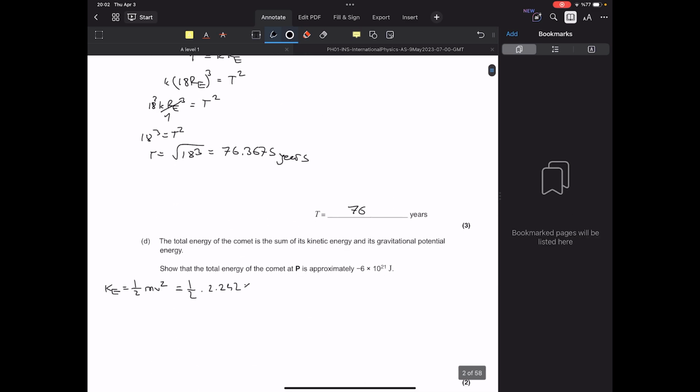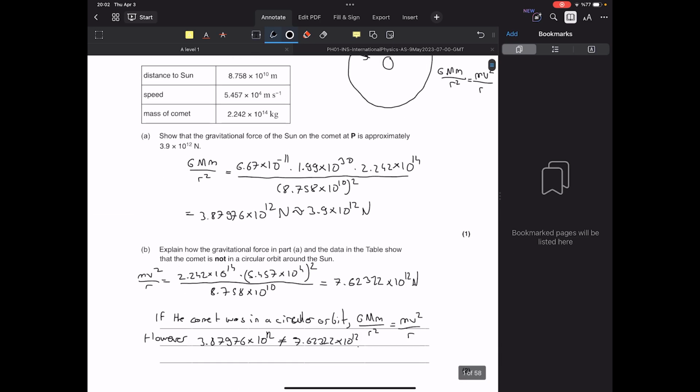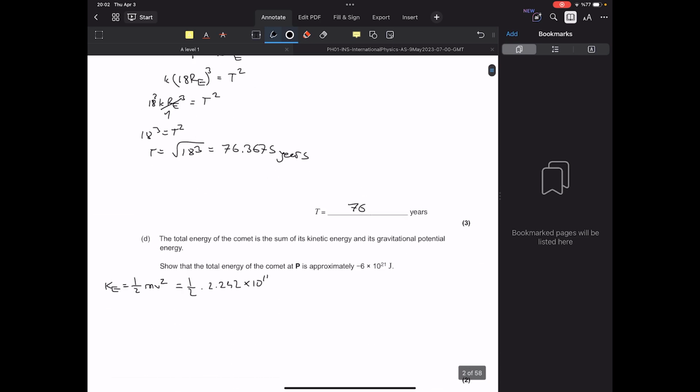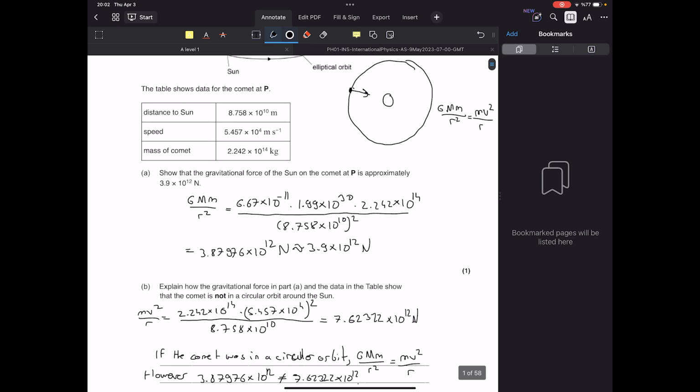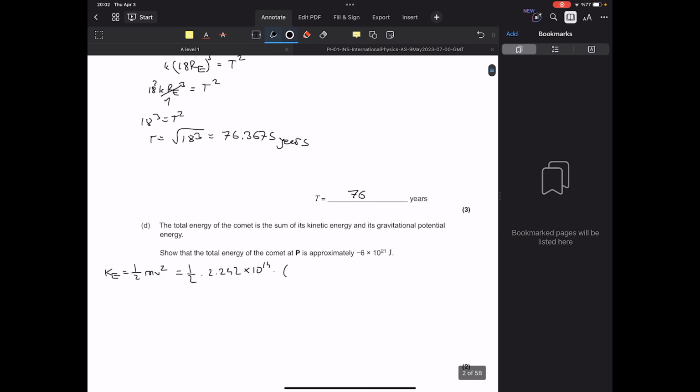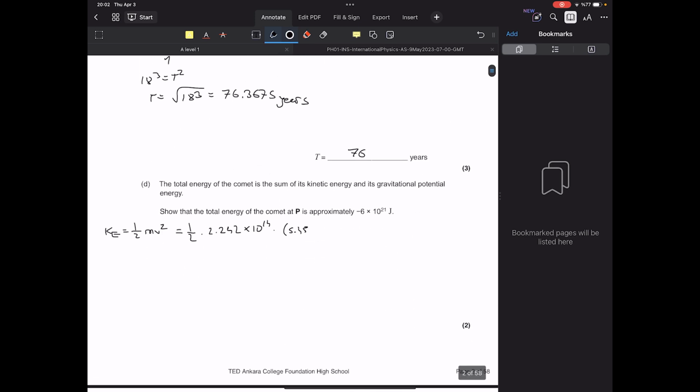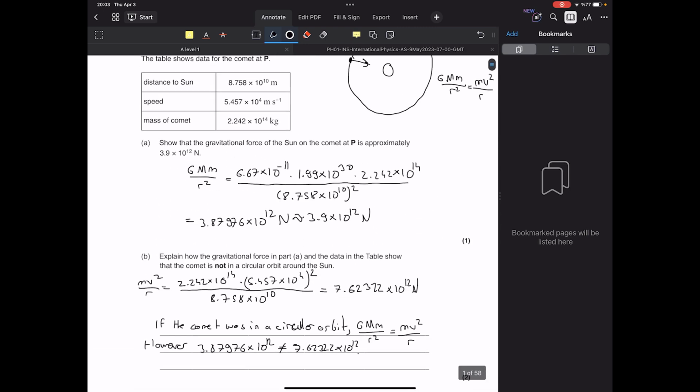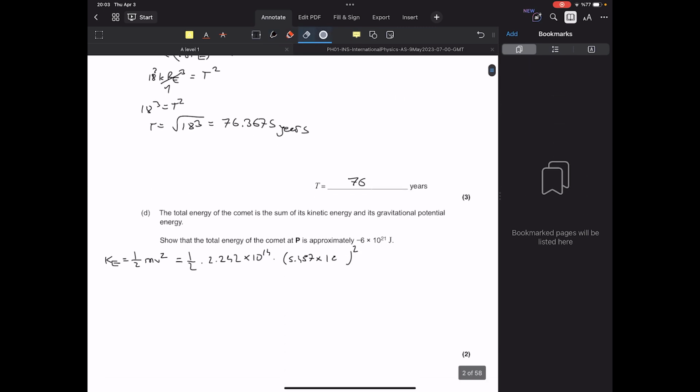So the kinetic energy is 1/2 mv squared, which will be 1/2 times 2.242 times 10 to the 14 kilograms times its velocity, which is 5.457 times 10 to the 4, squared.